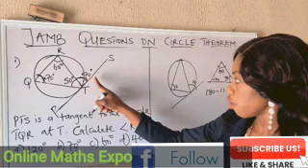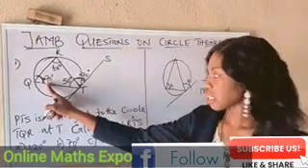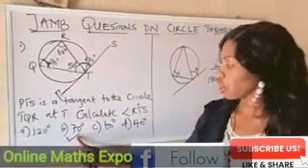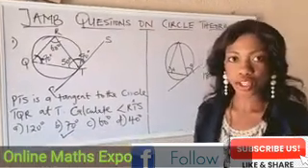Since we know that here is 60 and here is 50, if you add the two of them together, it gives us 110. When you subtract 110 from 180, it gives us 70 degrees. So if this point is 70, automatically angle RTS will also be 70. So the correct option is option B.